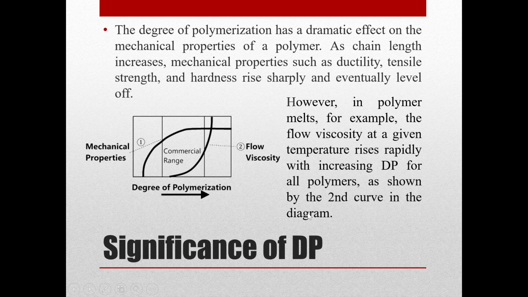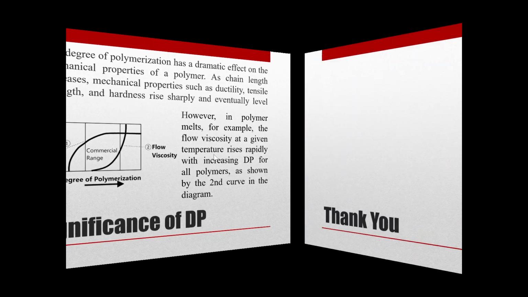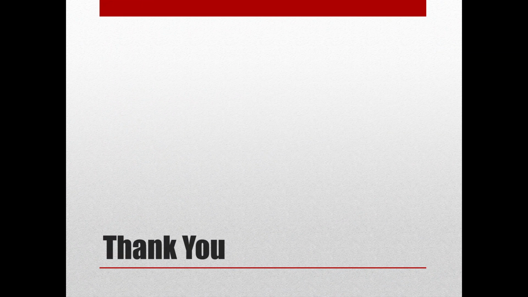So as the dP increases, the molecular chain length increases, and the viscosity of the polymer will drastically rise, as shown by the second curve in the diagram. So this diagram gives a relation between the degree of polymerization, the mechanical property shown by 1, and the flow viscosity shown by 2. With this, we come to the end of today's lecture on molecular weight. Thank you.